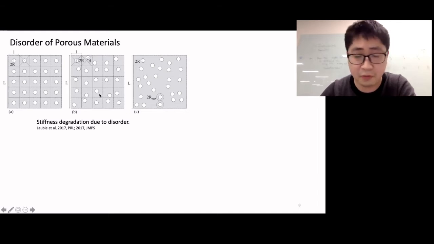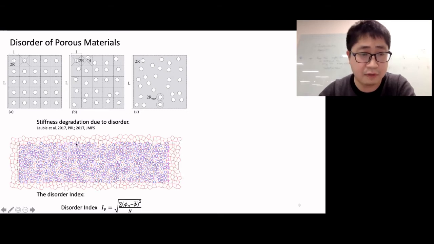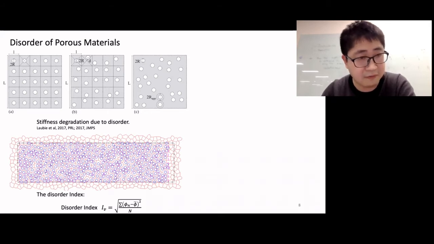But if, instead of using those square cubes, we use a Voronoi diagram, then we can propose a more general definition of disorder, where this disorder index is also sensitive to small fluctuations in the location of all those spheres. So the disorder index is defined by the fluctuations of local porosities.